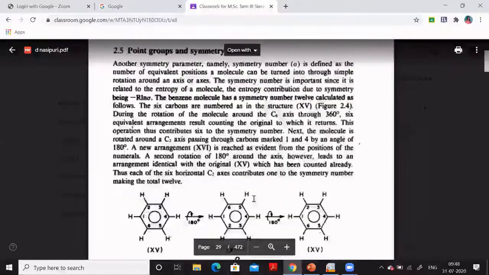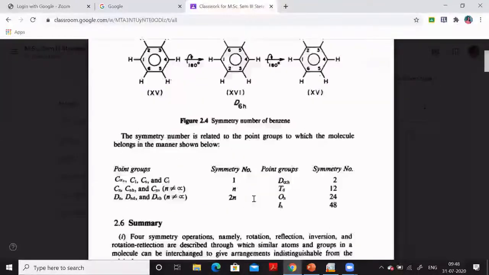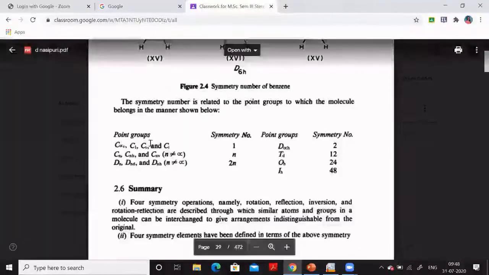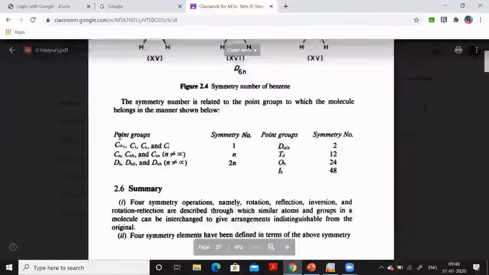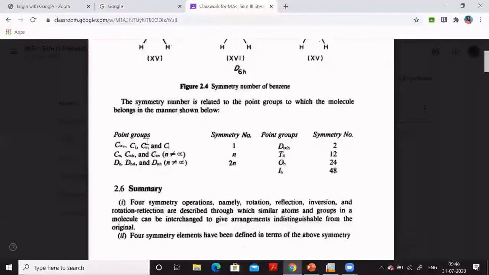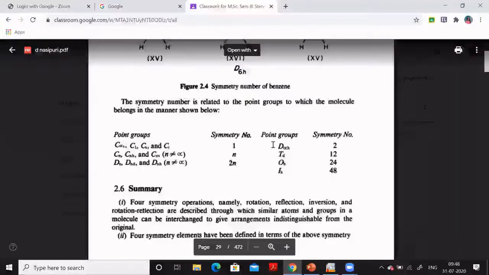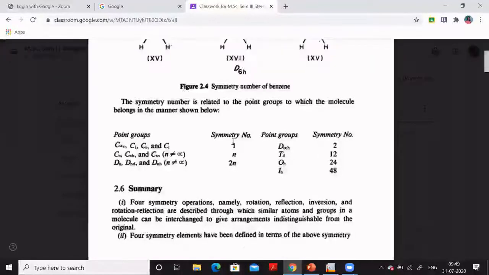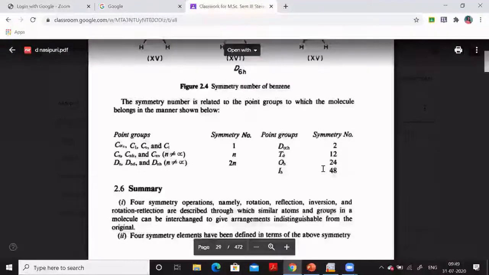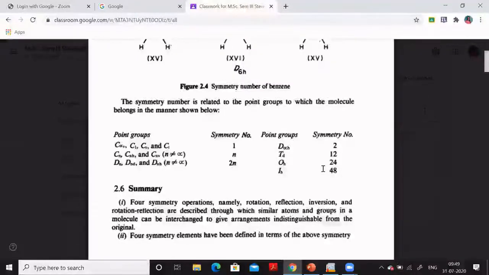So for convenience, they have already assigned the symmetry numbers to the molecules. These are the point groups and their respective symmetry numbers they have already given. These are some point groups, these are other point groups, and in front of each the symmetry number is written. Now if you remember, we studied cis decalin.